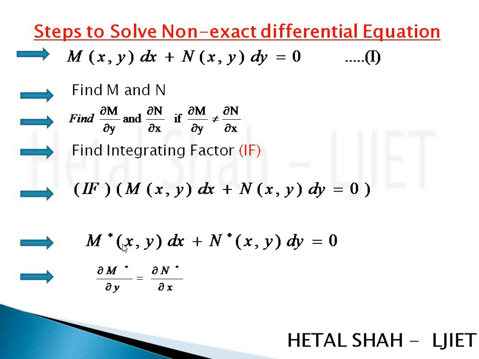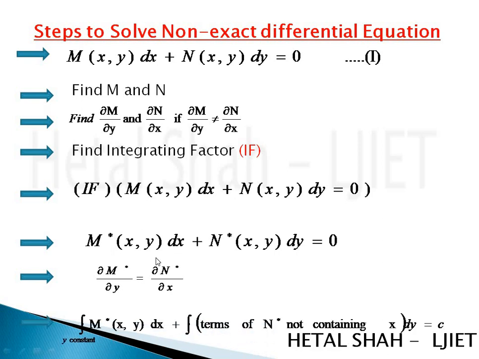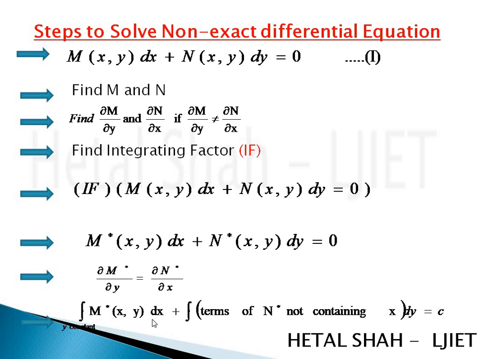After checking the exactness, we solve the new differential equation with the formula of the exact differential equation. So these are the steps for solving the non-exact differential equation, which you already learned in the last lecture. This is the revision of the steps.